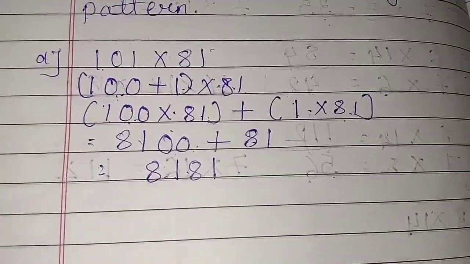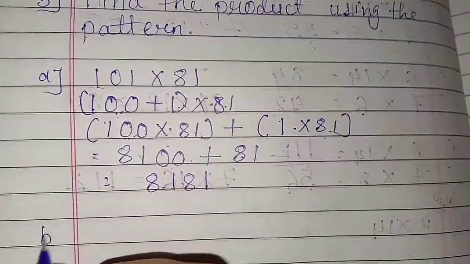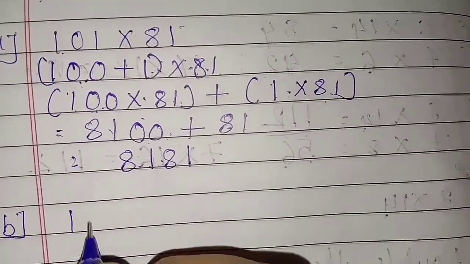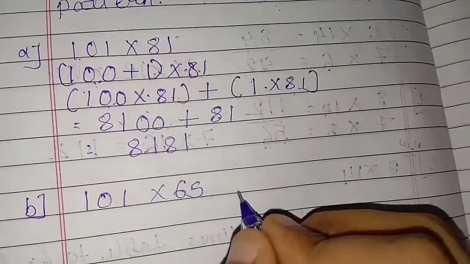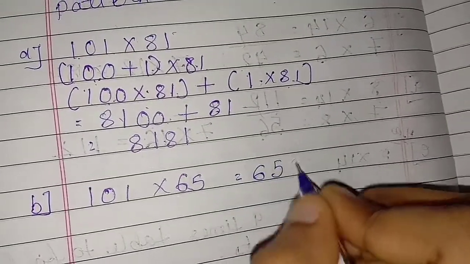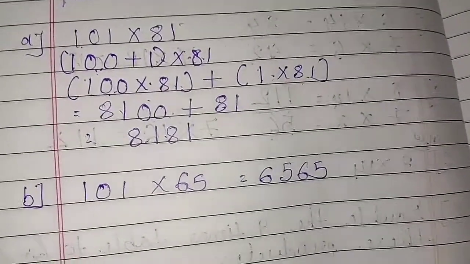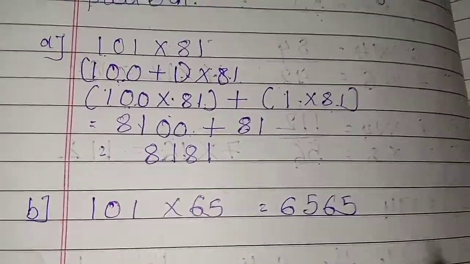So which pattern do we find? The numbers are repeated. If the second number is 101 multiplied by 65, what is your answer? 6565. This way you have to find the answer.